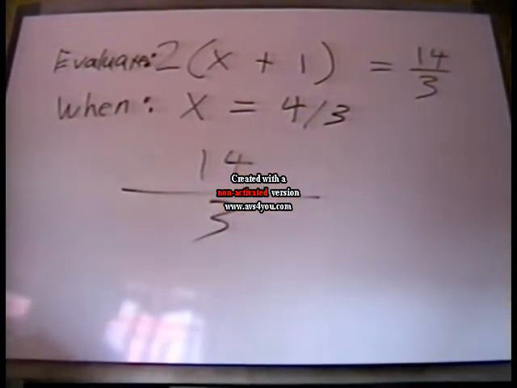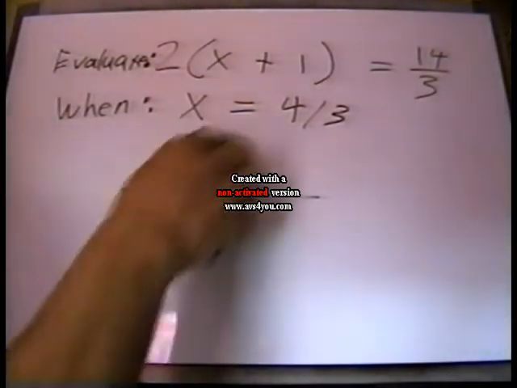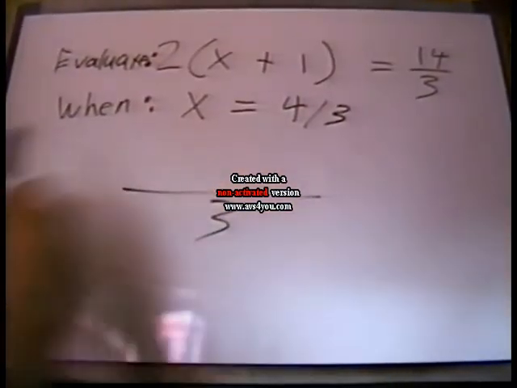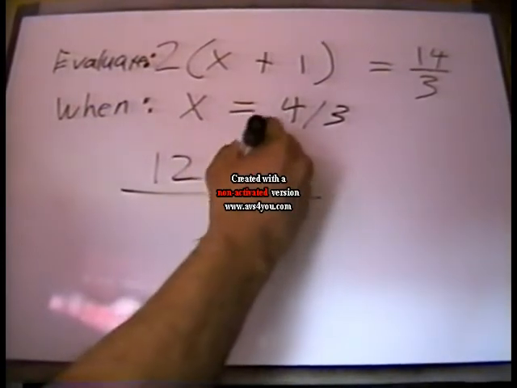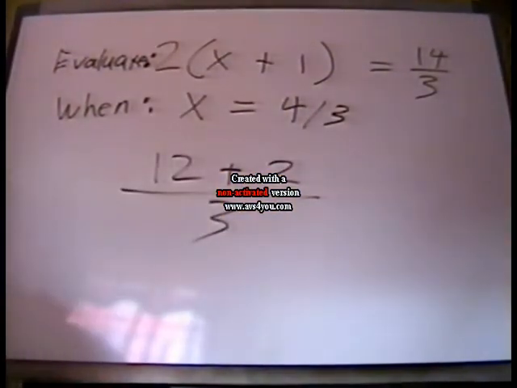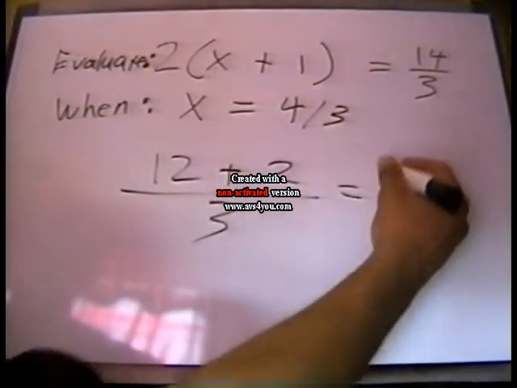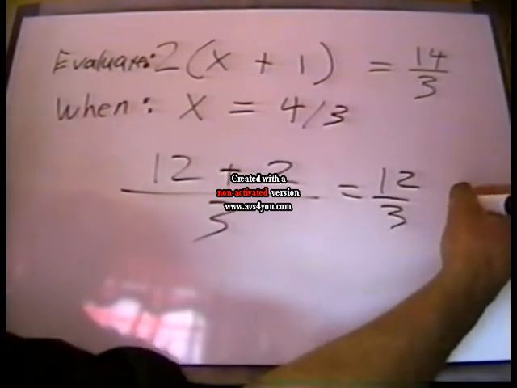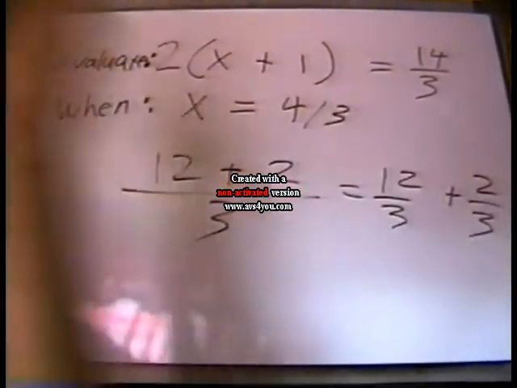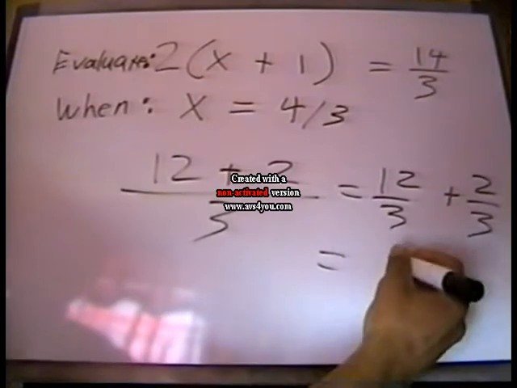Now 14 equals 12 plus 2, since if you subtract 12 from 14, you get 2 left over. Now this also becomes 12 over 3 plus 2 over 3. Now 12 over 3 is 4.